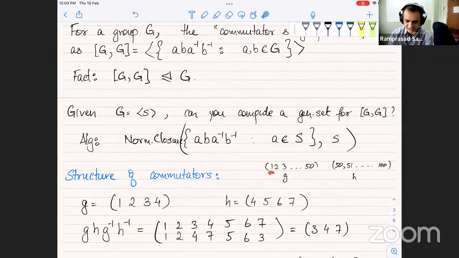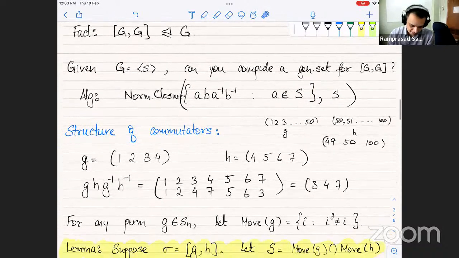What will the image of 1 be? 1 gets moved to 2, H will do nothing to 2, and 2 gets moved back to 1. So really what's going to happen is only very locally around this intersection. It seems like a very local operation. In fact, I will let you check that this is just going to be 49 goes to 50, 50 goes to 100, and 100 goes back to 49. I'll let you verify that if you compute G, H, G inverse, H inverse, that's what you will end up getting.